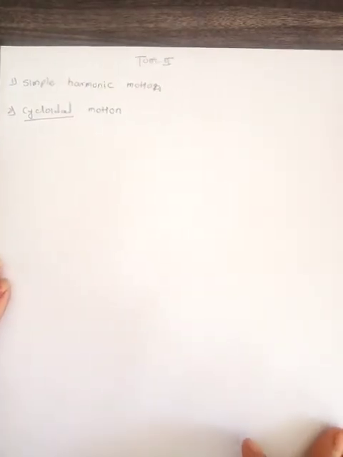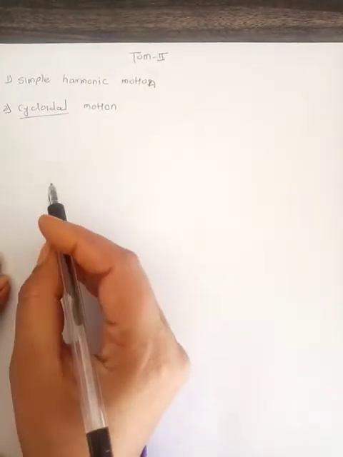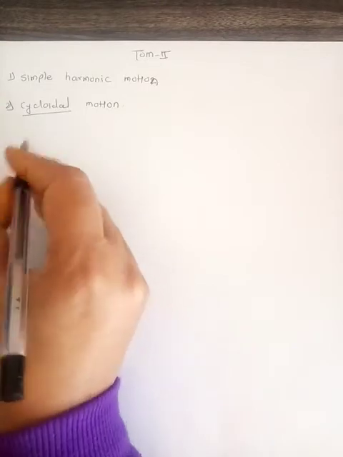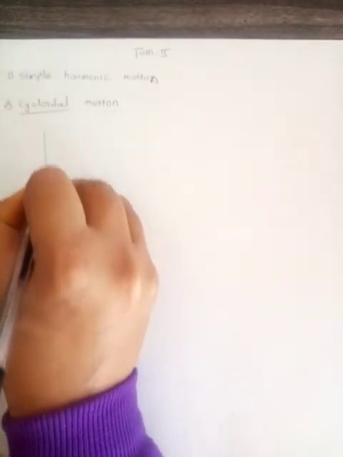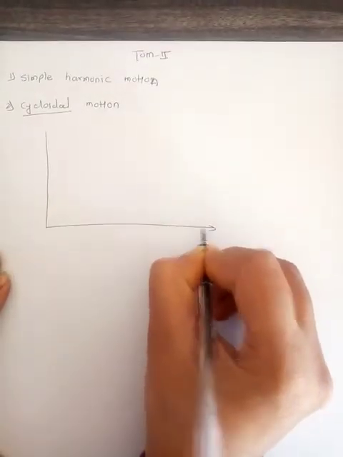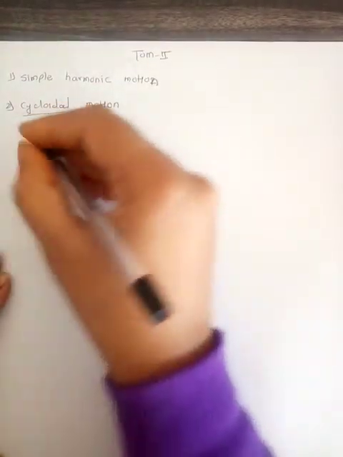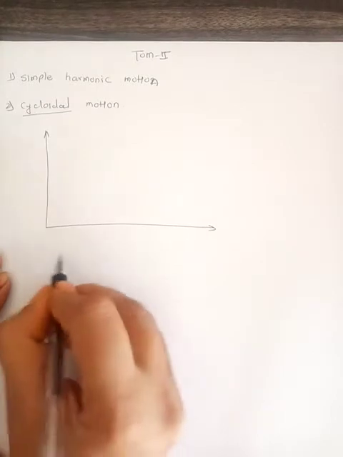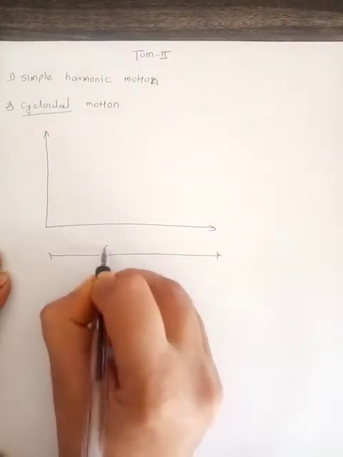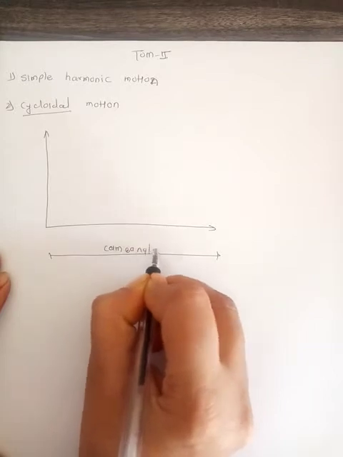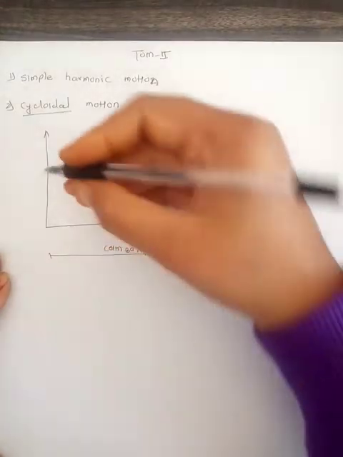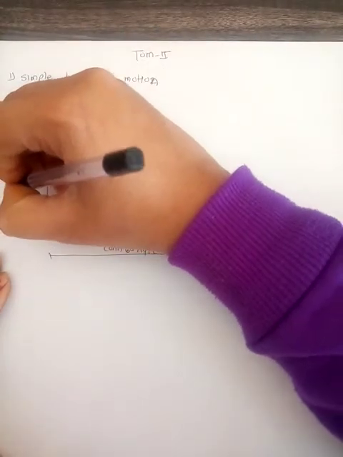We have drawn the displacement diagram for the cycloid motion, roughly showing how the cycloid motion is transmitted. In this we have drawn the rough diagram of the cycloid motion. This is the x-axis, the cam angle, and the y-axis is the displacement.